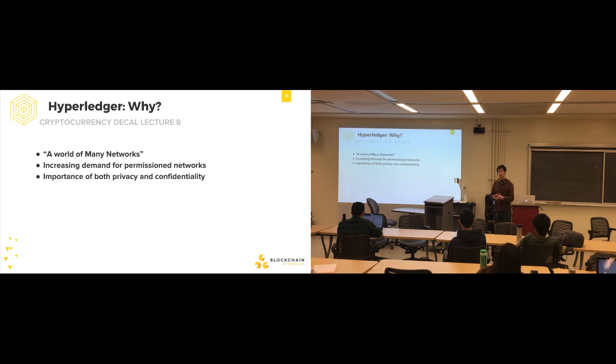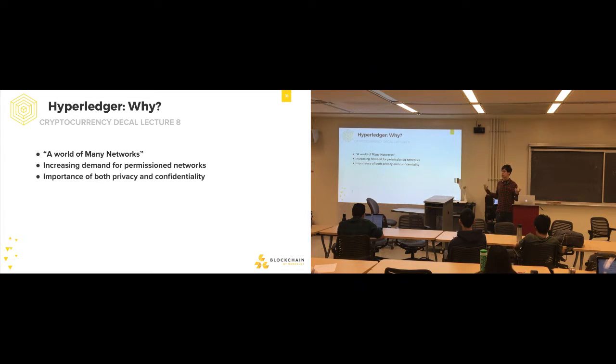So why did the creators of HyperLedger decide that we needed a solution, or what were the problems that they were trying to solve? Number one, we live in a world where many different people have different types of networks and different systems, and they don't exactly mesh well together.